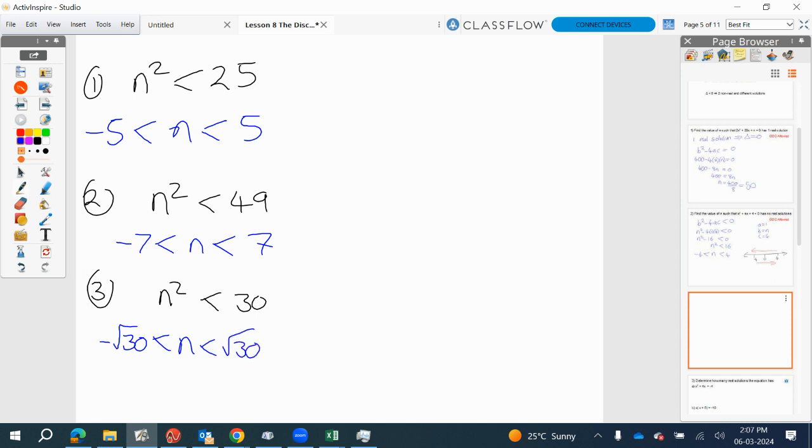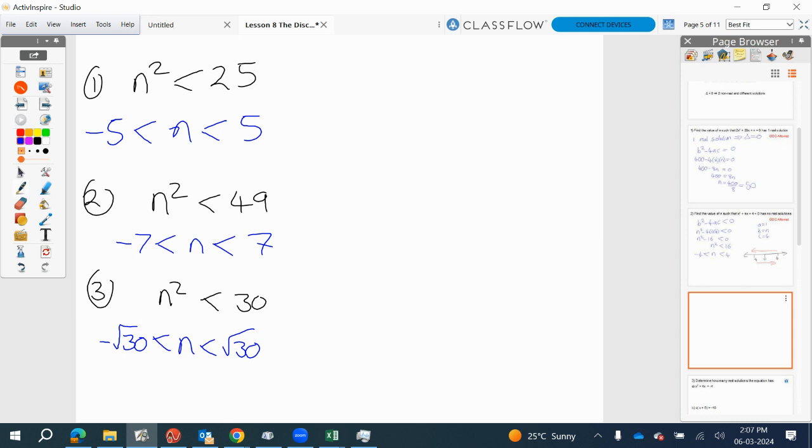If I'd chosen 20, then I would have simplified it to 2 root 5. But I chose 30 because you can't simplify root 30.